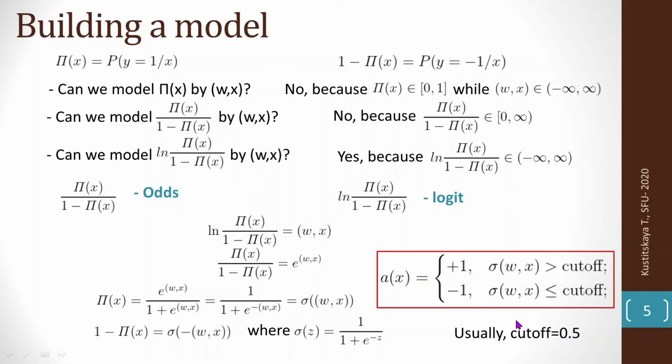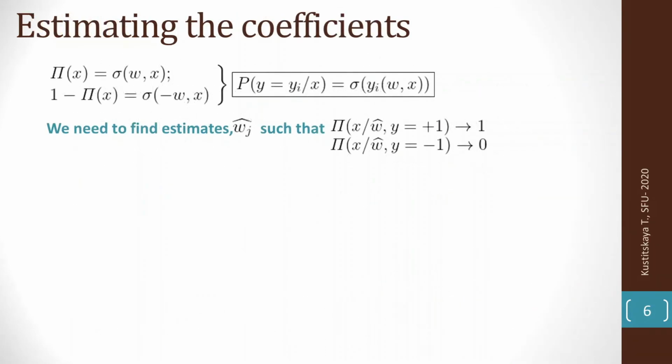Usually the cutoff is taken to be 0.5, but other values can also be used depending on the task. We unite expressions for P of x and 1 minus P of x in one expression. We set the probability of belonging to the ith class equal to sigma of the margin of an object.